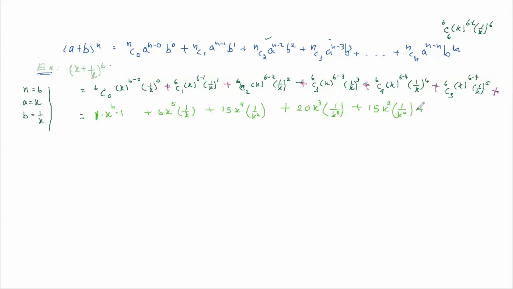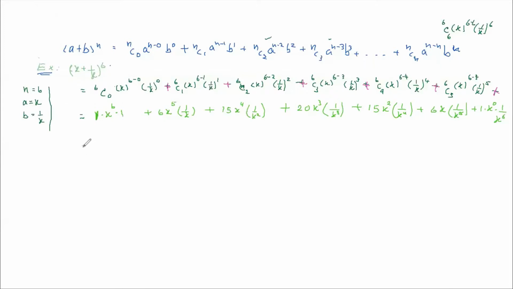Plus 6C5 is 6, and x power 6 minus 5 gives x power 1, times 1 over x power 5. Plus the last term, 6C6 is 1, times x power 0 times 1 over x power 6.